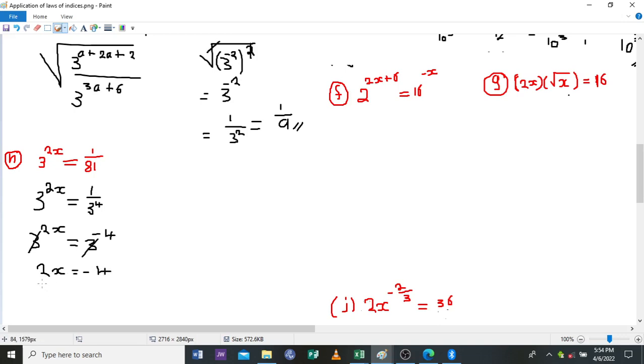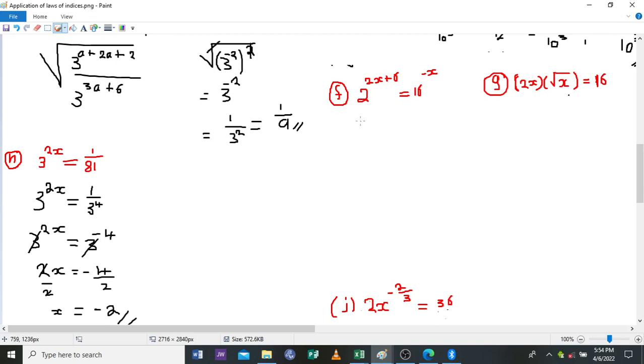Now if you divide through by 2 on both sides, what you are going to get is that x is equal to negative 2. So this is going to be your value of x. That's cool. And if you want to prove, you can substitute x by negative 2 and you are going to find the same answer.